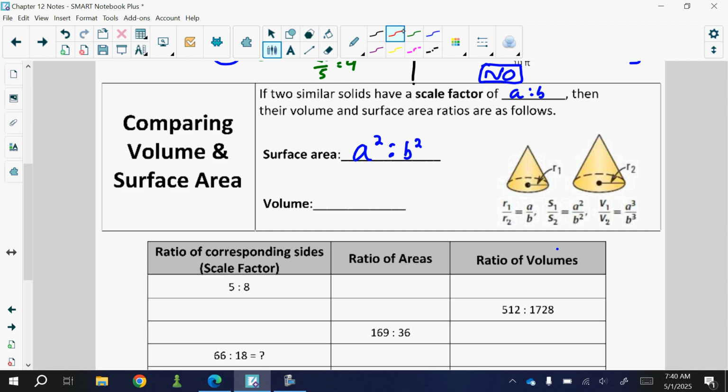Just keep in mind, right now we're in the 3D world, which is why we're restating something we've seen before, but it's slightly different because now we are talking about the surface area of a three-dimensional shape, not just the area of a two-dimensional shape. So speaking of dimensions, with area your units were squared. This ratio is A squared to B squared, so you might be able to deduce that for volume, it would be A cubed to B cubed.